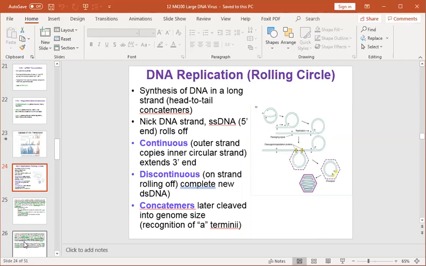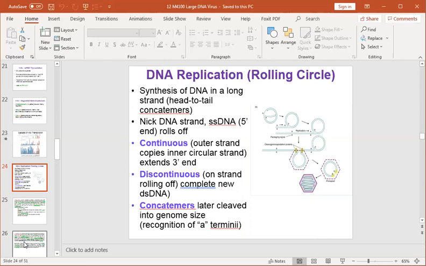So we have two types of DNA synthesis: continuous, which is the outer strand that copies the inner circular strand and extends from the 3' end. And also we have discontinuous DNA synthesis that occurs on the DNA strand that has a nick on it and has rolled off.